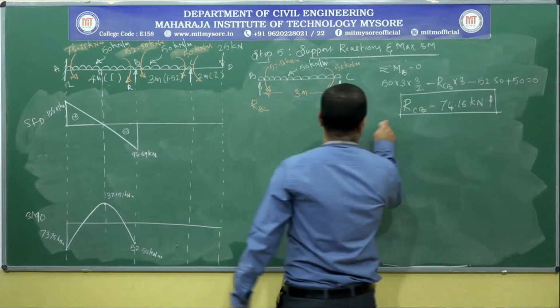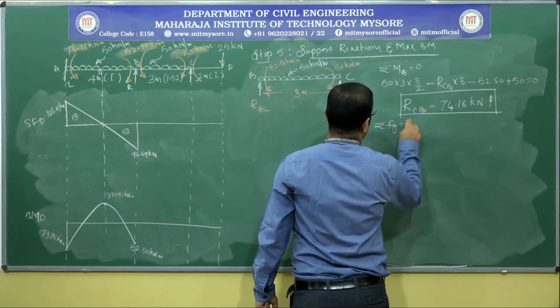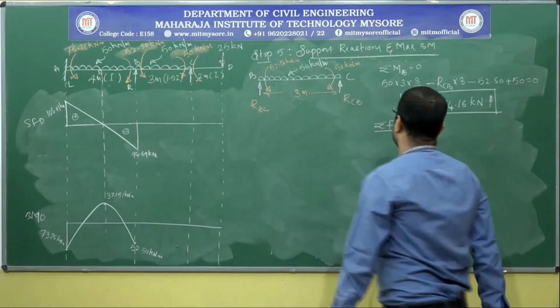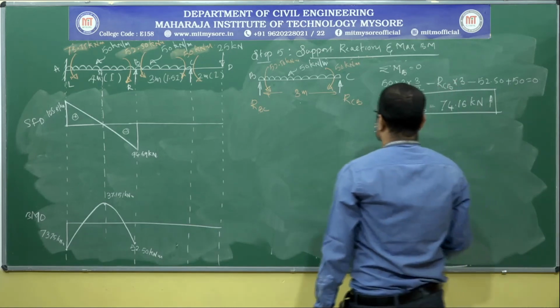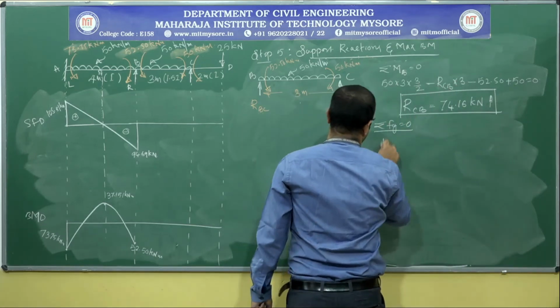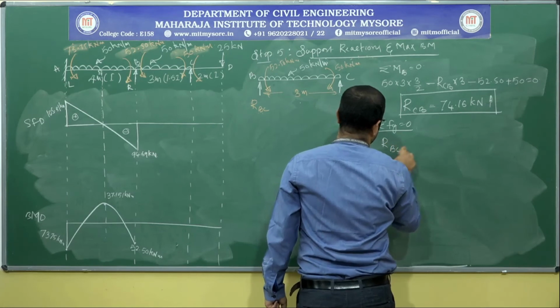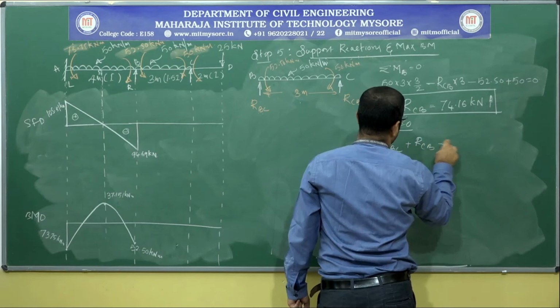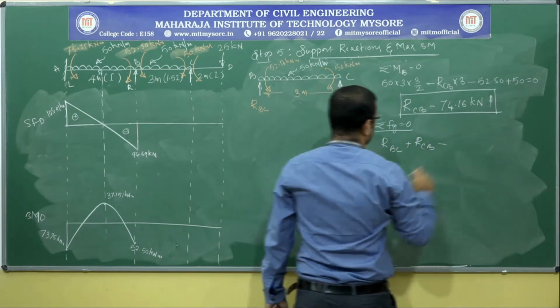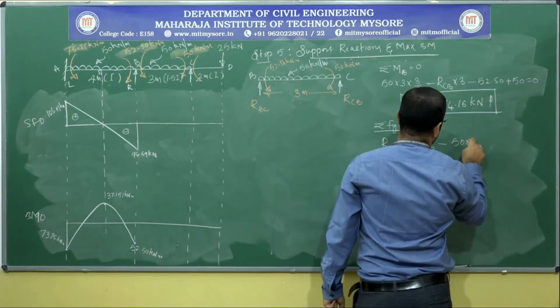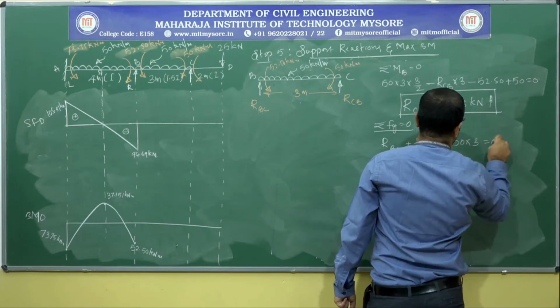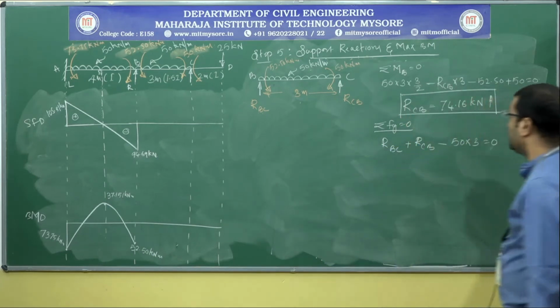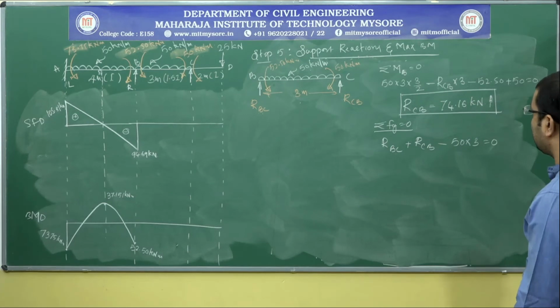Now I need to impose another equilibrium condition, that is summation of Fy equals 0. Here these two reactions are acting vertically upwards. Let us consider them as positive, RBC and RCB. This UDL is acting vertically downwards, so let us consider it as negative. Here we have two unknowns, RBC and RCB.